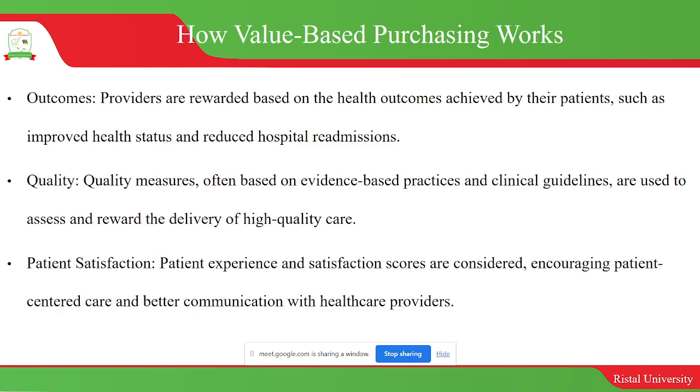So you look at the three parameters. Outcomes, which are basically how many people are improving when they get into the hospital. And those that have been admitted, are they readmitted again? Those are indicators of quality of work that you're providing at the hospital.